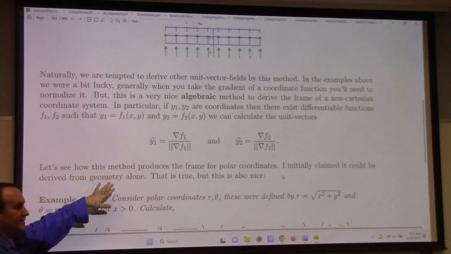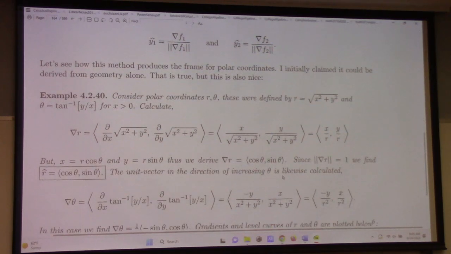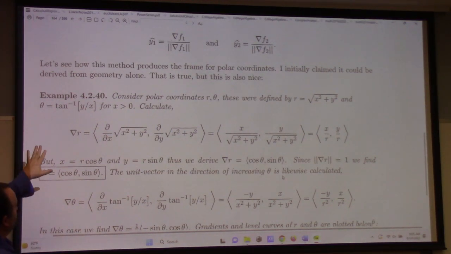Let's apply this idea to the polar coordinate system: r is equal to the square root of x squared plus y squared, and theta is the inverse tangent of y over x. I'll just look at the right half plane for the sake of specificity.